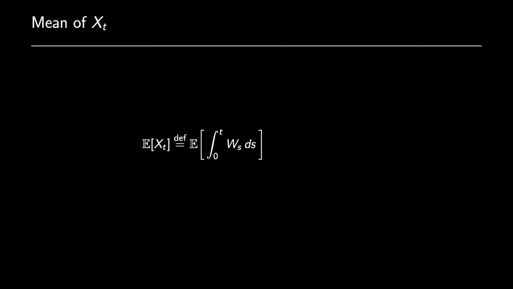By definition, the expectation of X_t is the expectation of the integral from 0 to t of W_s ds. Now we use Fubini's theorem. Under the integrability assumptions that we discussed before, Fubini allows us to exchange the order of expectation and integration. Therefore, we obtain the integral from 0 to t of the expectation of W(s) ds.